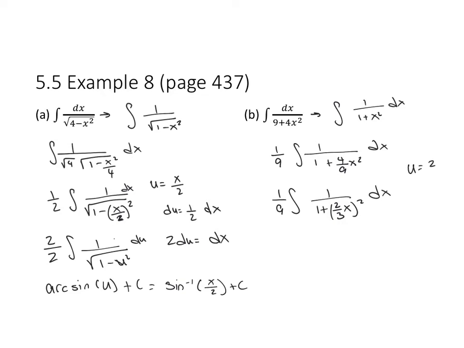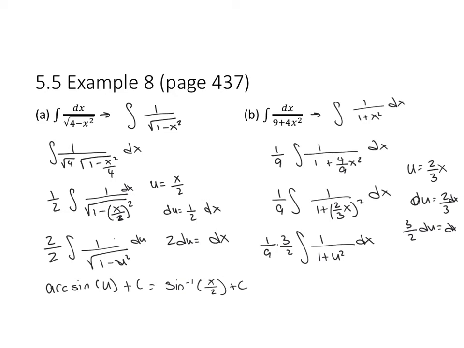Now I can do my u substitution of 2/3 x, and then my du is just 2/3 dx. So again, I have to make that 2/3 come to the other side. So 3/2 du is dx. So 1/9 times 3/2, the integral of 1 over 1 plus u squared du.